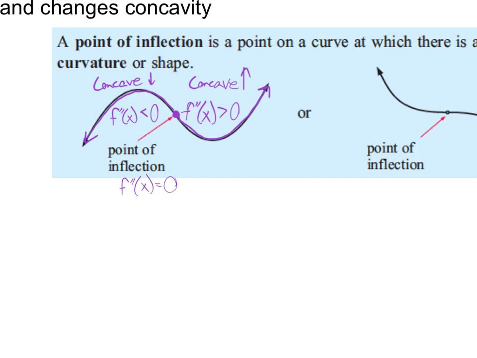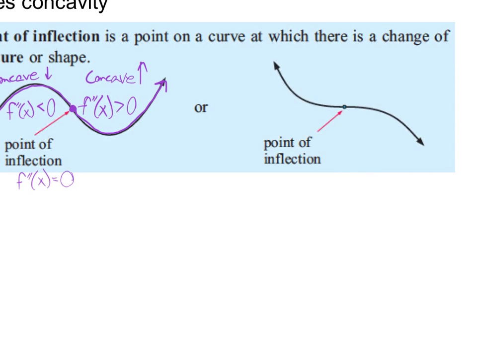Now, we've actually seen one special case of this already. You remember what we would call this kind of a point right here? Plateau point. Yes, that's a plateau point. Something important that you see here: a plateau point was when the first derivative equaled 0, but there was no sign change.